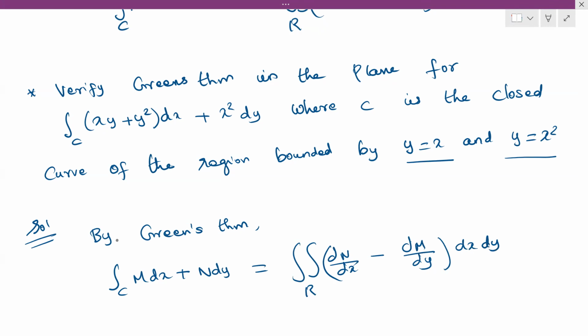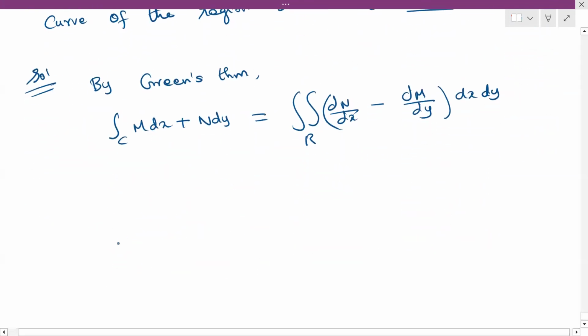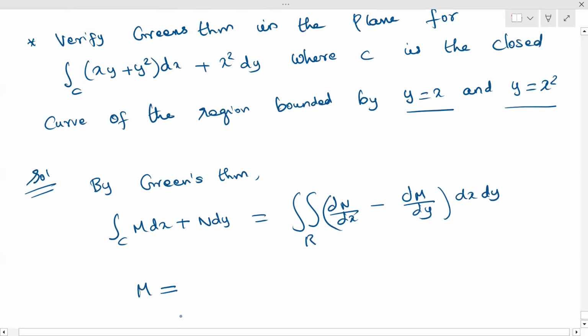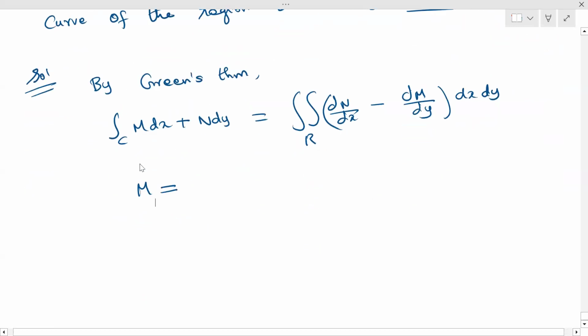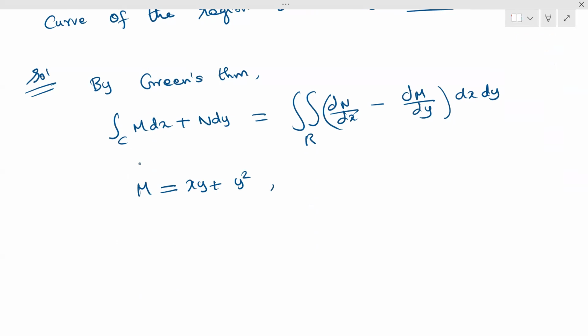We have to verify this LHS equal to RHS. So first we have to write what is our M, what is our N in the question. M is nothing but the coefficient of dx. Here M equal to xy plus y square and N equal to x square.